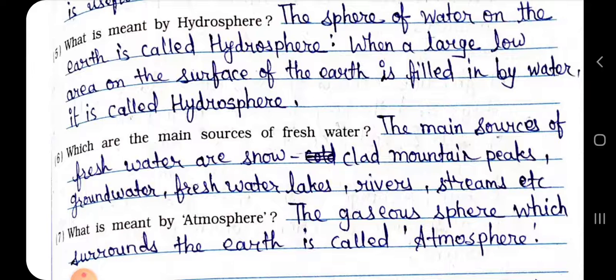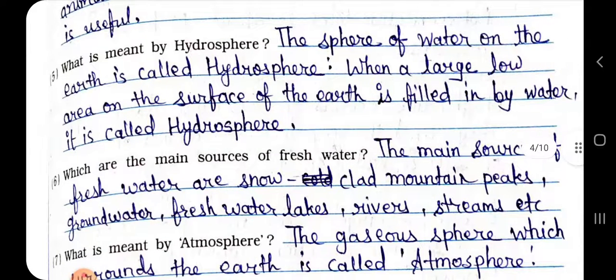What is meant by the hydrosphere? The sphere of water on the earth is called hydrosphere. When a large low area on the surface of the earth is filled in by water, it is called hydrosphere.